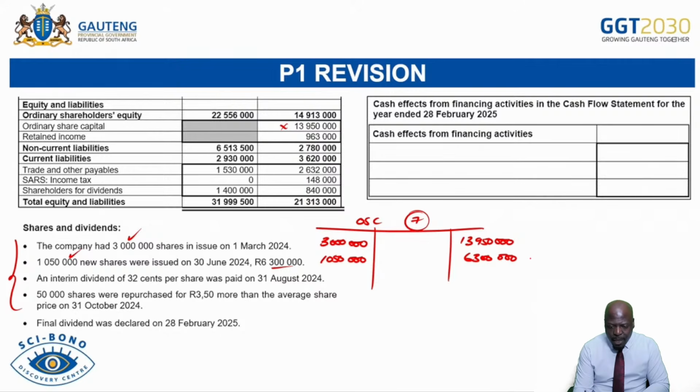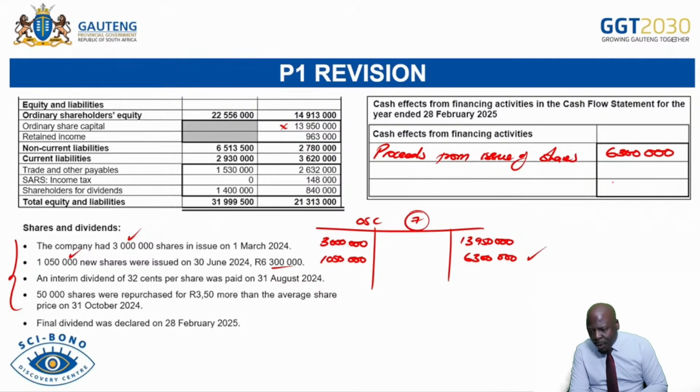So that 6.3 million already, you take it, and you're coming here to say proceeds from issue of shares. And that is 6.3 million. Proceeds from issue of shares.